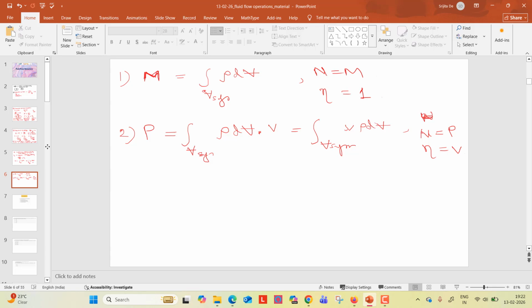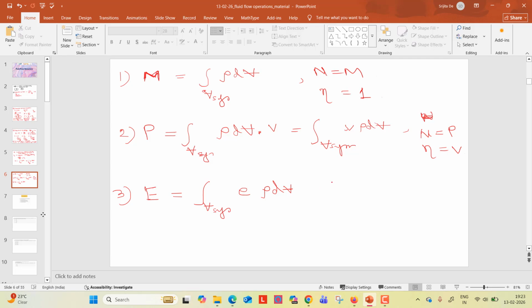Similarly, for energy conservation, suppose E is there. So E will be the total energy per unit mass, and this is your mass, right? Small e is this intrinsic property of the energy.